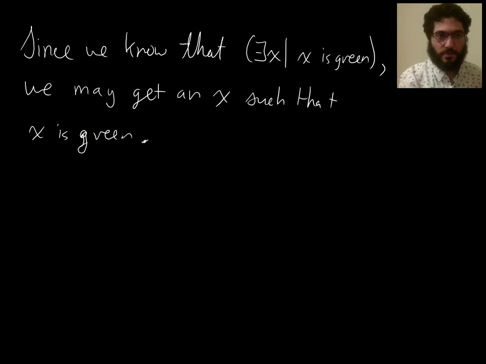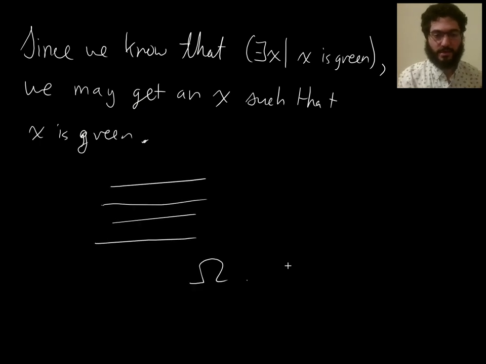And the keyword here, I'm going to use typically to signal that I'm doing an existential instantiation. Then you can fill in the rest of your proof, prove omega. And if you can prove omega with this arbitrary name x for a green thing, then you have proven omega just from the knowledge that there exists a green thing.